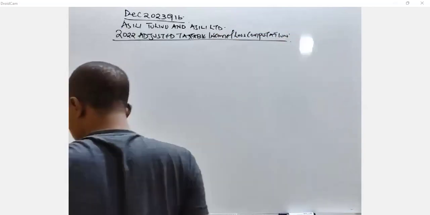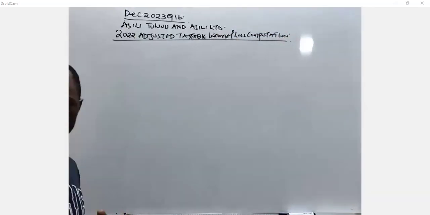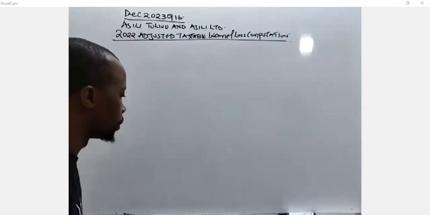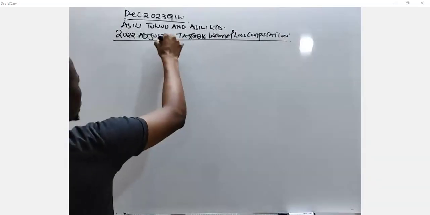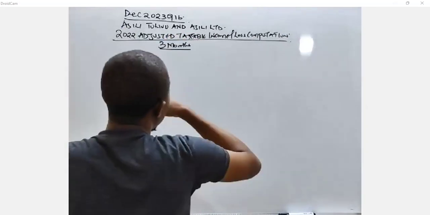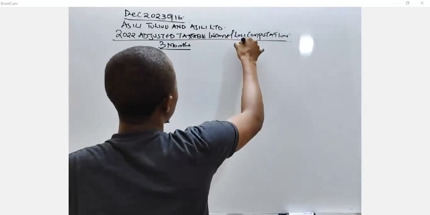After you write that, you divide the period in which they were a partnership and the period in which they were a limited liability company. We are told they operated only 3 months as a partnership, so we talk about 3 months there, then here we have 9 months.